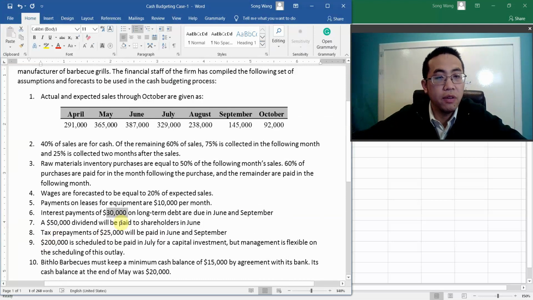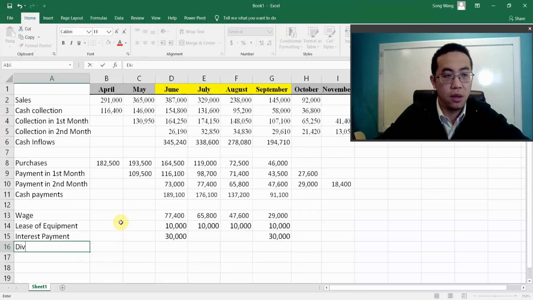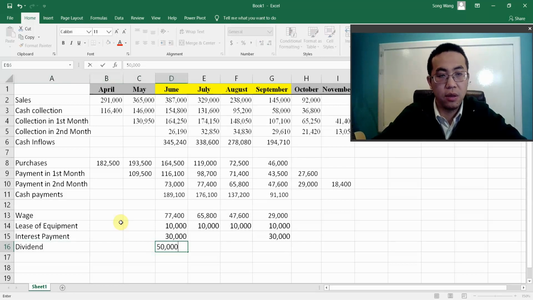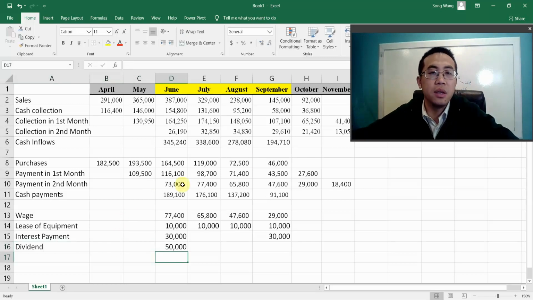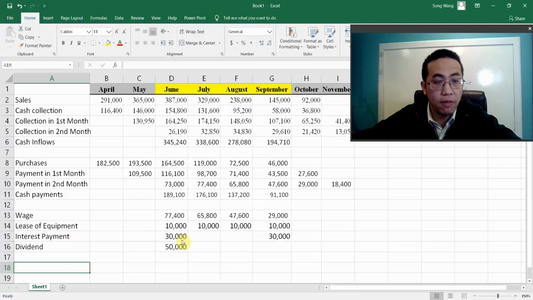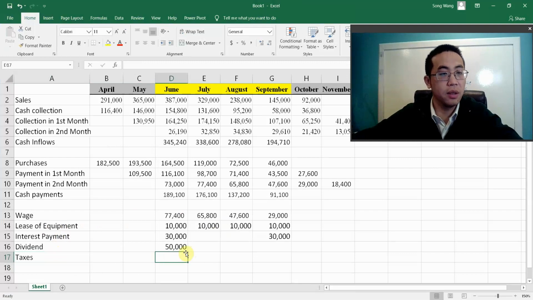And you also have 50,000 dividends paid in June. These are all the cash outflows occurring here. All right, and the tax payments are paid in June and September, 25,000 each. Taxes. I hope you guys have filed your taxes in April. 25,000.